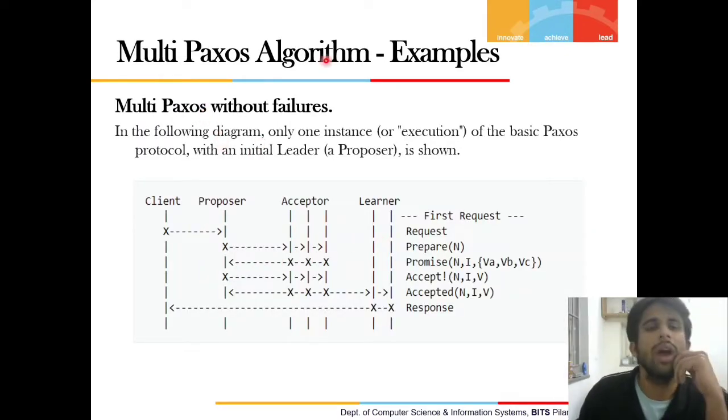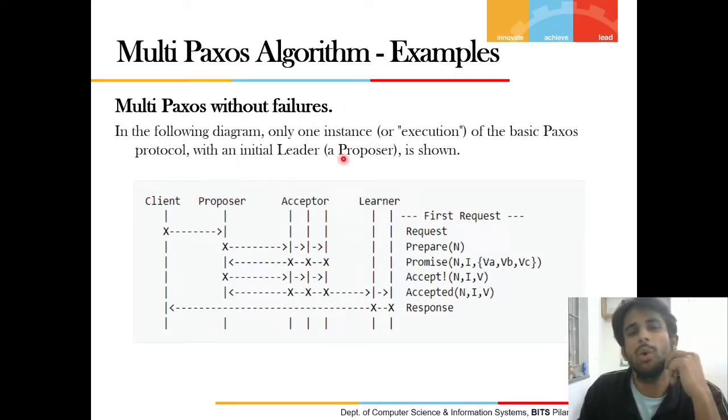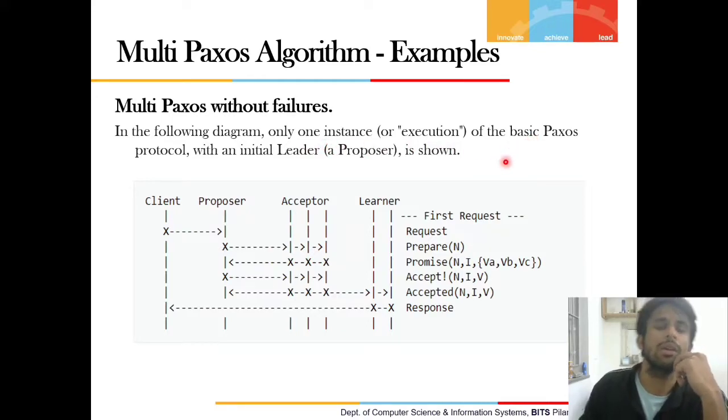Now we are going to take an example of the multi-Paxos algorithm. In this diagram we are executing only one single instance of basic Paxos. Here the client will send a request to the proposer, and on behalf of the client, this leader will initiate a proposal.